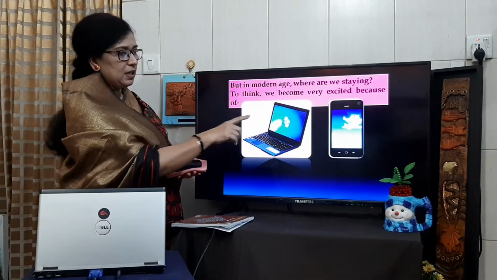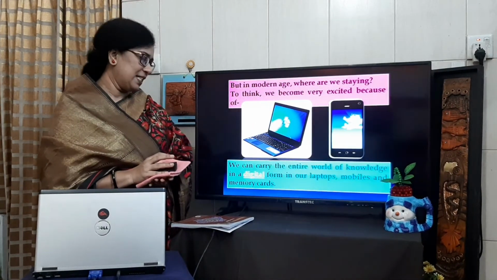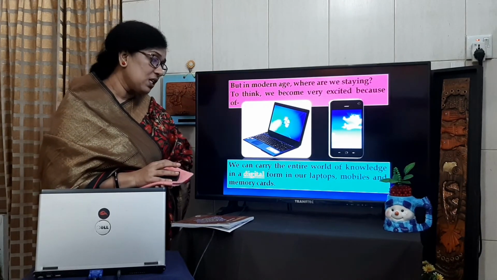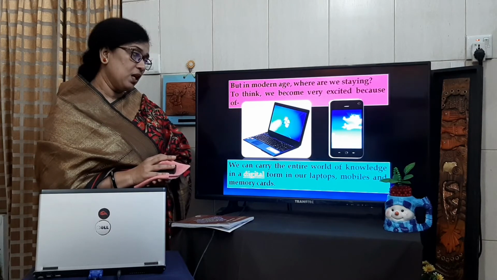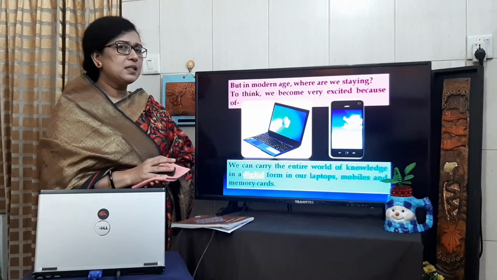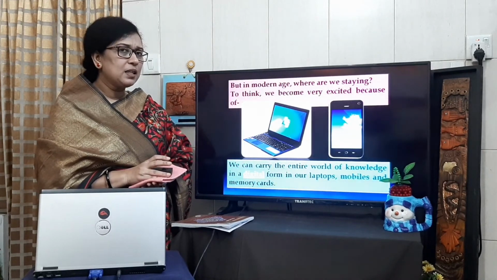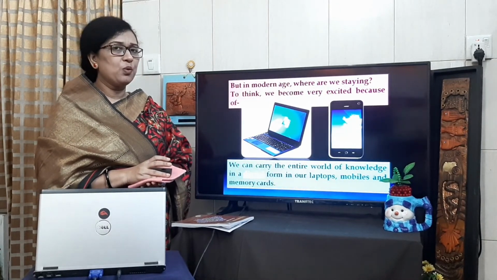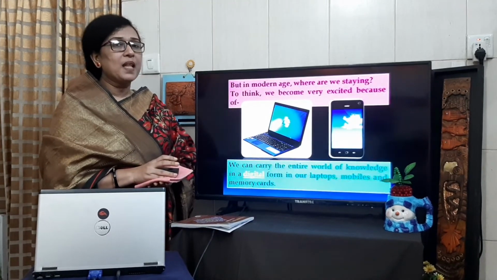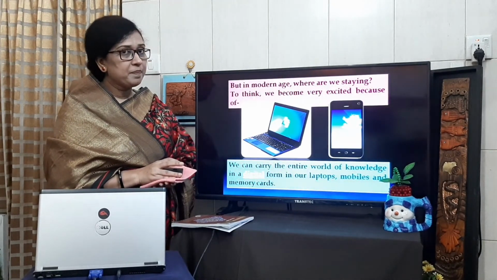So laptop and mobile, that means the electronic devices. We can carry the entire world of knowledge in a digital form in our laptops, mobiles and memory cards. Do you know what is a memory card? Chips? I think so, because you have learned more about this in ICT class. Clear?